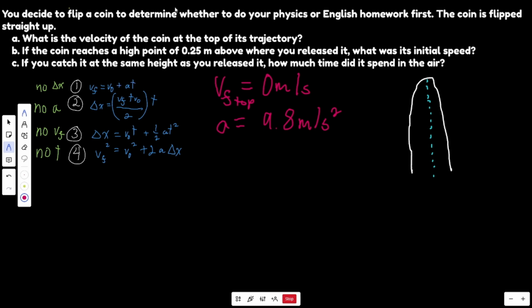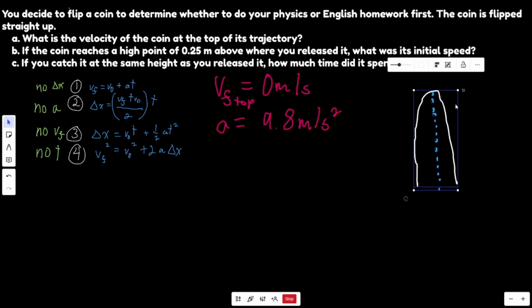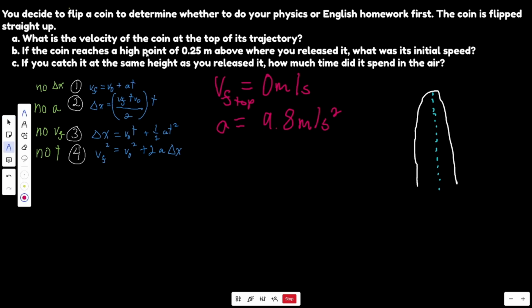If you recall from the definition of projectile motion, the velocity of any object at the height of its trajectory is 0 meters per second. So we actually already answered it. The answer for letter A, the velocity of the coin at the top of its trajectory, is 0 meters per second.